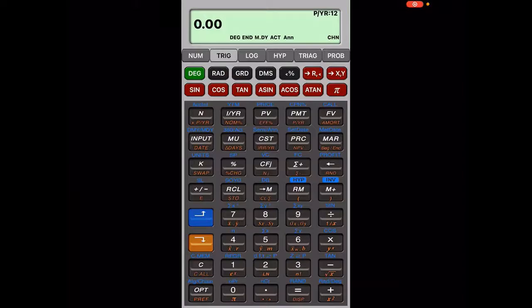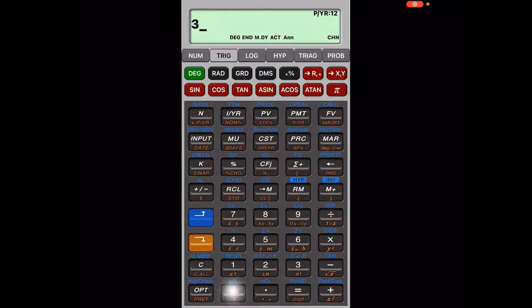If you look at the previous things that I showed, or what you have written down, there I have sin of 30 is a half. How I would do it on this calculator, I would put the 30 in, and then the sin, that would be 0.5, which is a half.